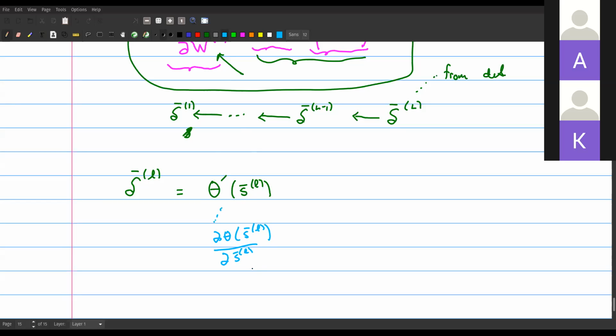In fact, you can just write down exactly what this is. This is 1 minus theta squared S L.